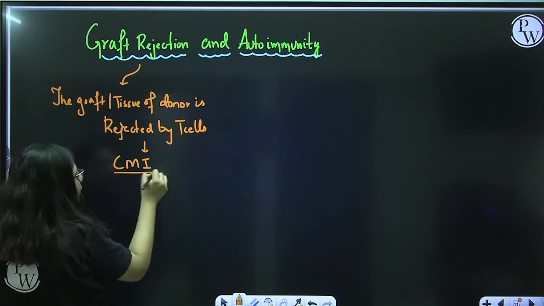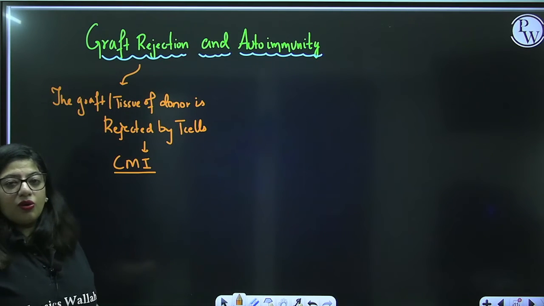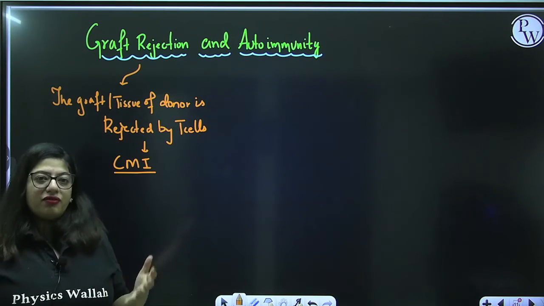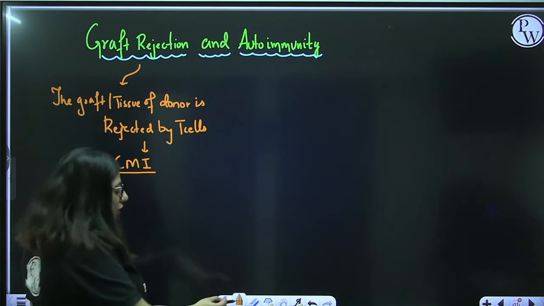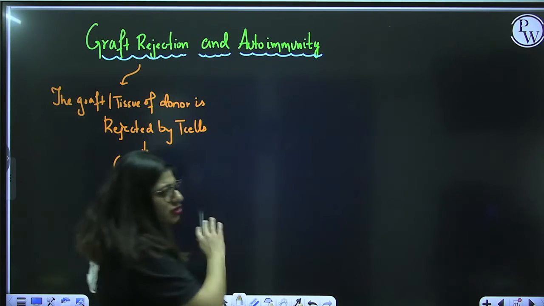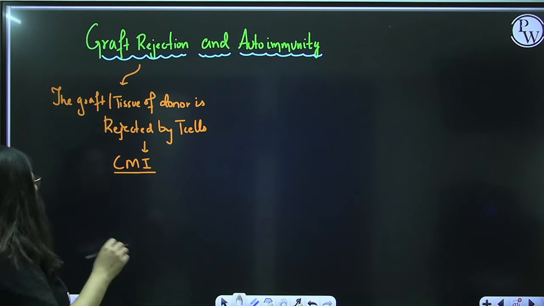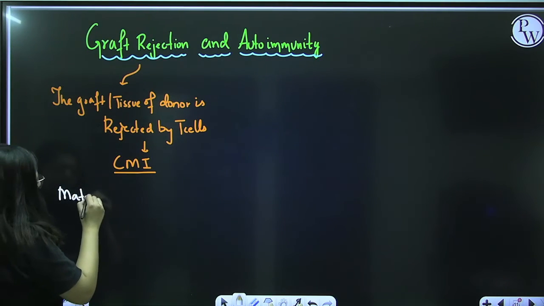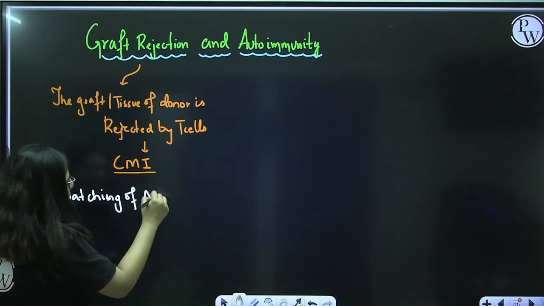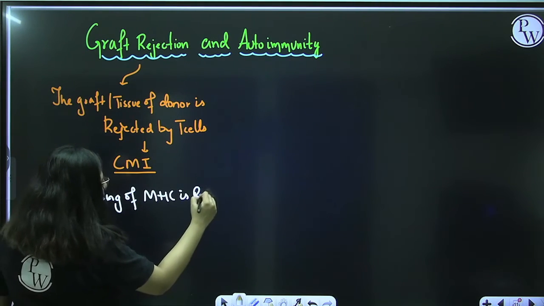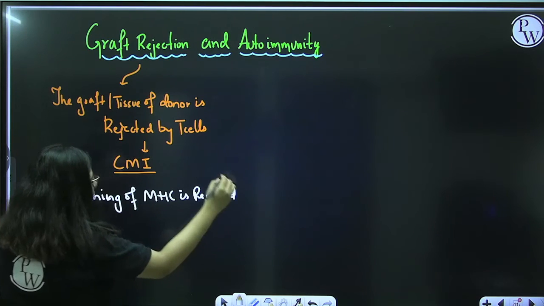Cell mediated immunity, right? So how can we prevent graft rejection during organ transplant? It's just a revision of the previous class. We can match the MHC; matching of MHC is required. If they match, the rejection chances are very low.